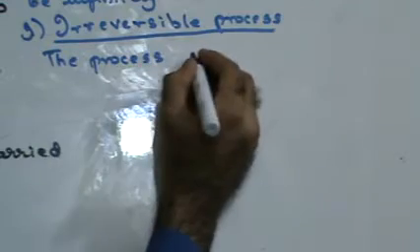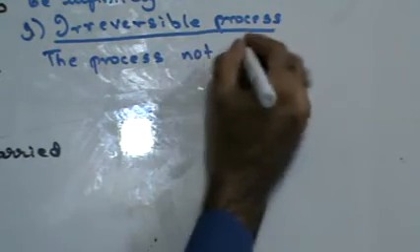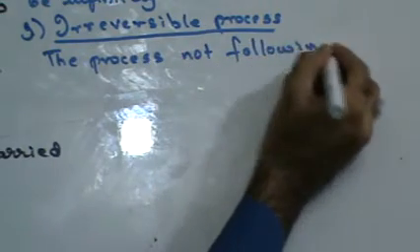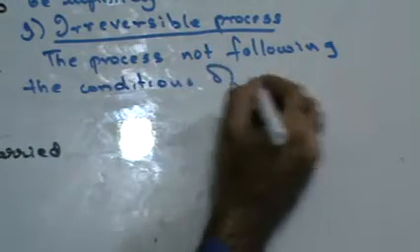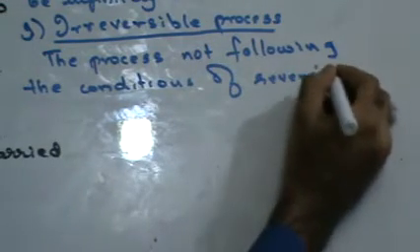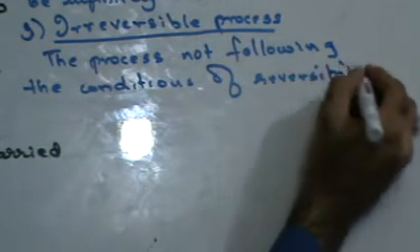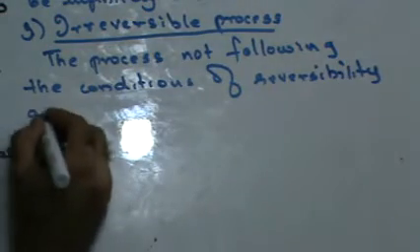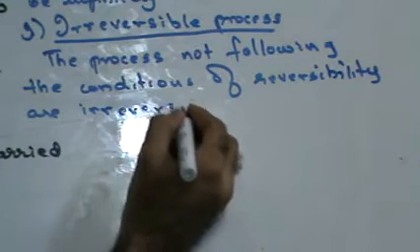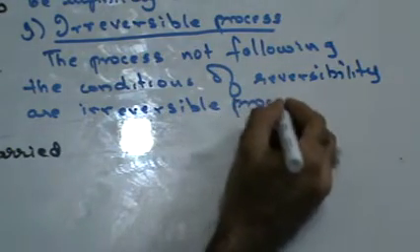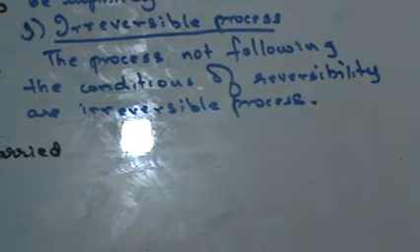A process which does not follow the conditions of reversibility is an irreversible process. These processes proceed only in one direction.